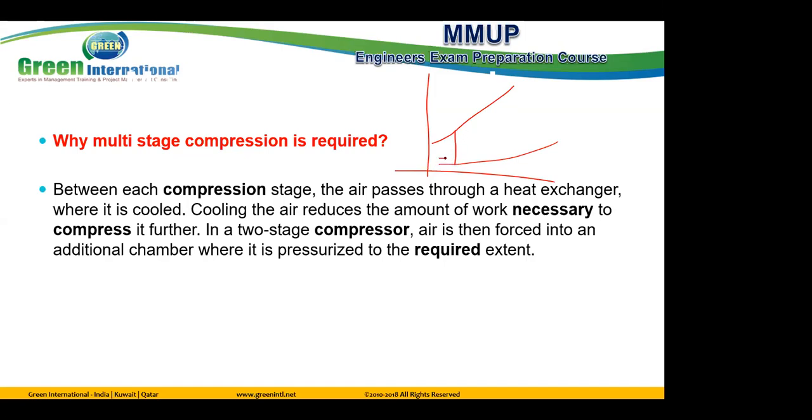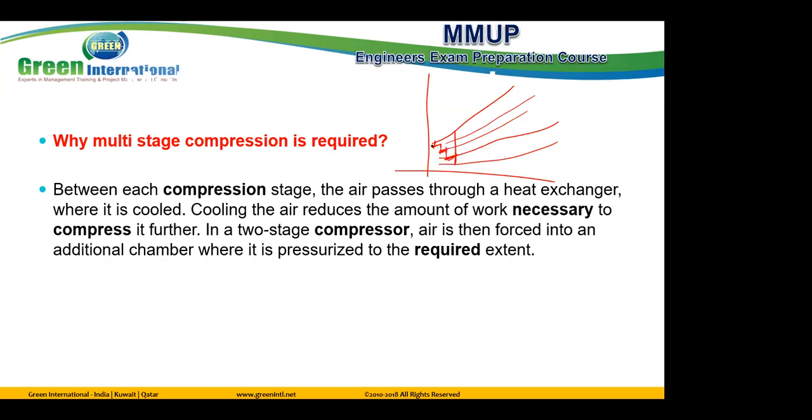But if you have intermediate lines like this, and I compress up to the intermediate pressure, then go to cooling, then go up, then cooling, then up, then cooling, then up.